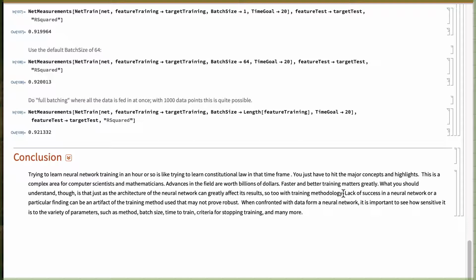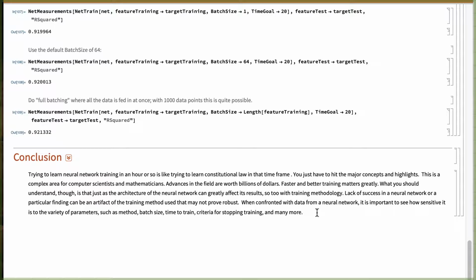So when you're confronted with data from a neural network or a model from a neural network, it's important to see how robust the predictions are to changes in stuff like the change in architecture or the change in method of training, the batch size, the time to train, the criteria for stopping training, details that I haven't gone into of how Adam and SGD and its friends work.